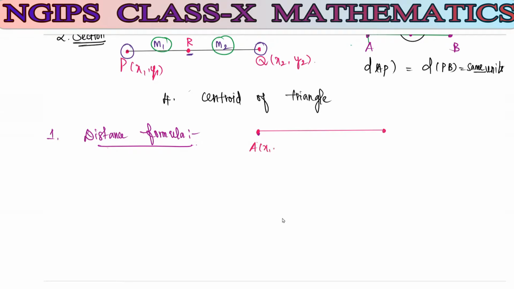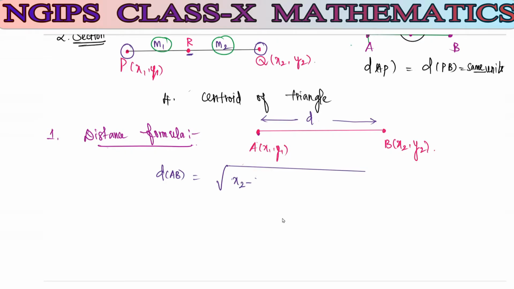So if you want to find out the distance between these 2 points, here we have the formula d of AB is equal to root of x2 minus x1 whole square plus y2 minus y1 whole square. Remember this formula, whenever we are going to find out the distance of any 2 points, we are going to use this formula. The second one we have here, section formula for internal division.